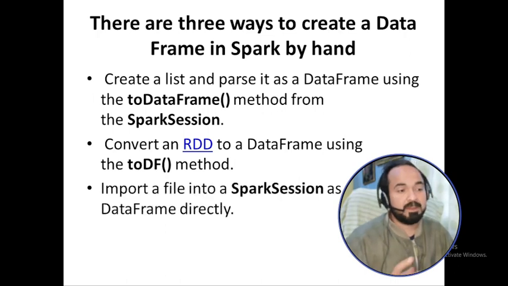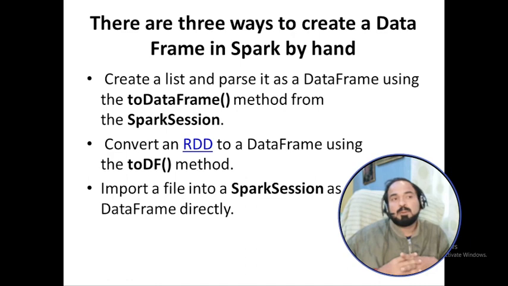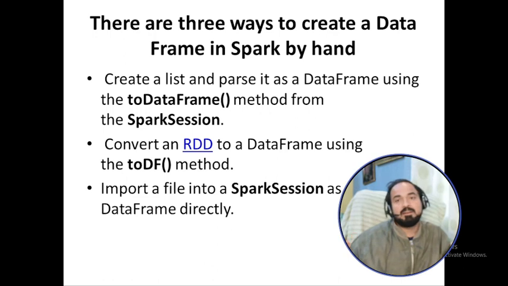And the third is very important, because most of the industry uses this third approach. Every company creates their data in the form of CSV files, JSON files, XML files, and then you can directly read these files and create your data frame, and then start manipulating, performing aggregation, everything, and finally store the data again in the same file format if you want, like CSV.